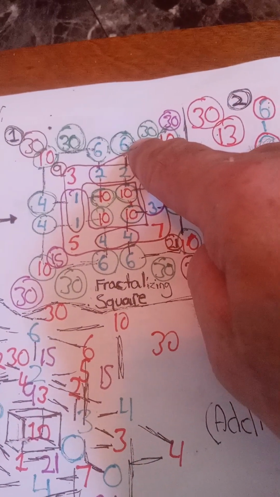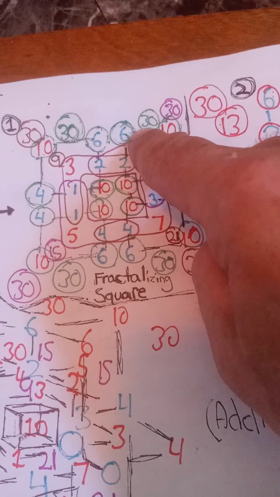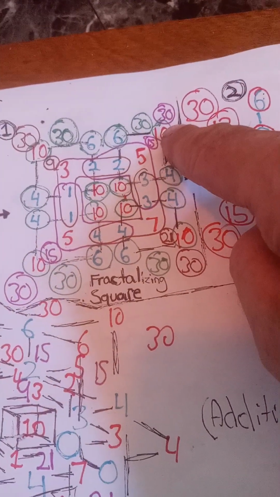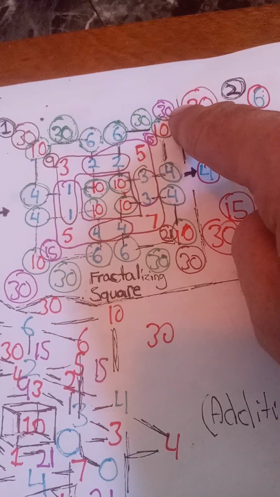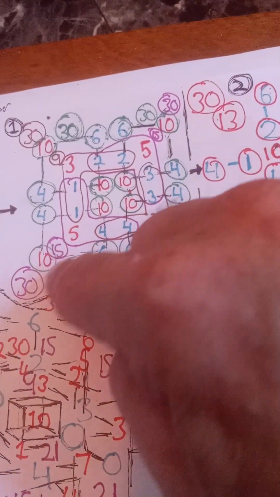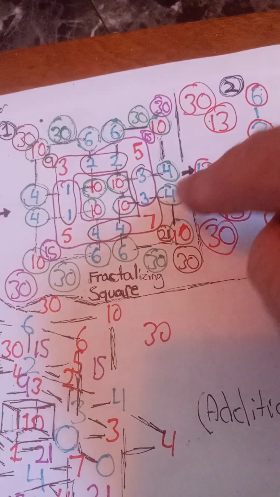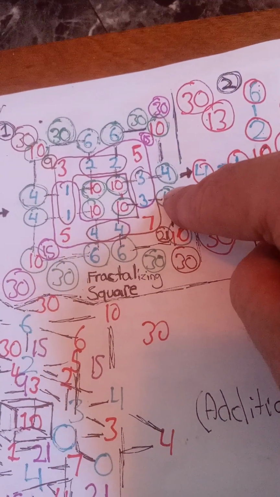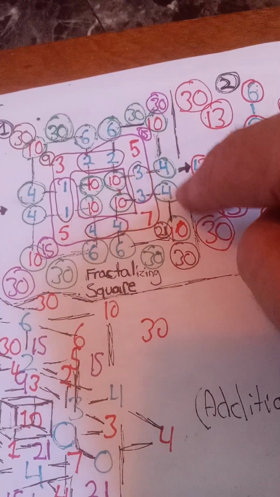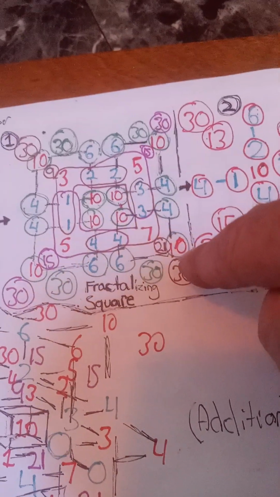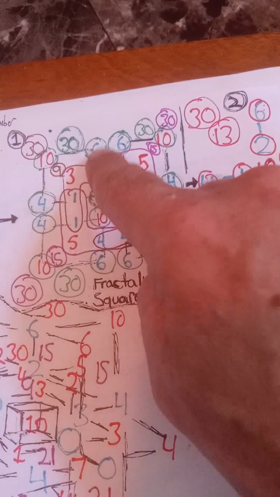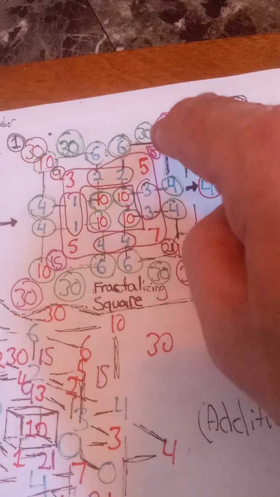Also the other way, 6 plus 10 plus 4 plus 10 is 30. Just like this, 4 plus 10 plus 6 plus 10 is 30. The unused parts of this fractal cube is 30.